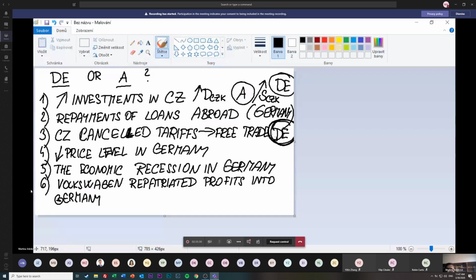So if the price level is going down, we will import more from Germany. And if there is increase in imports, we will offer more Czech crowns. So again, depreciation.